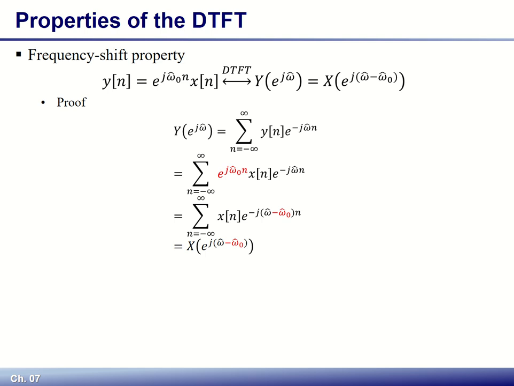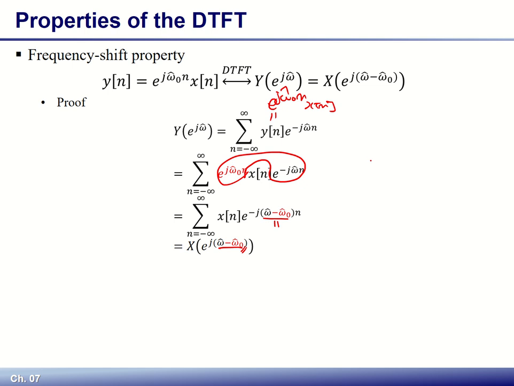We can prove this using the definition of the DTFT. Here y[n] is e^{j omega 0 n} times x[n]. The multiplication of two exponentials can be combined, and instead of omega hat we can put omega hat minus omega 0.